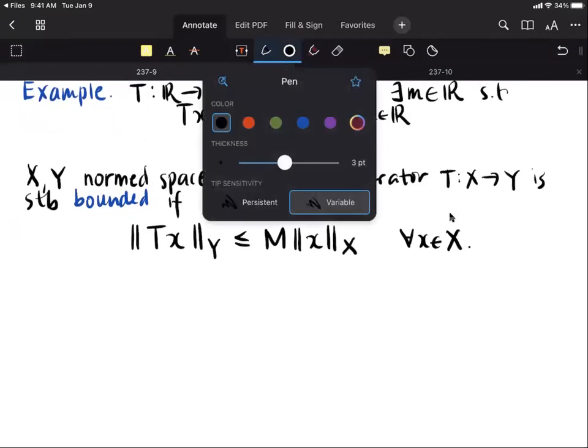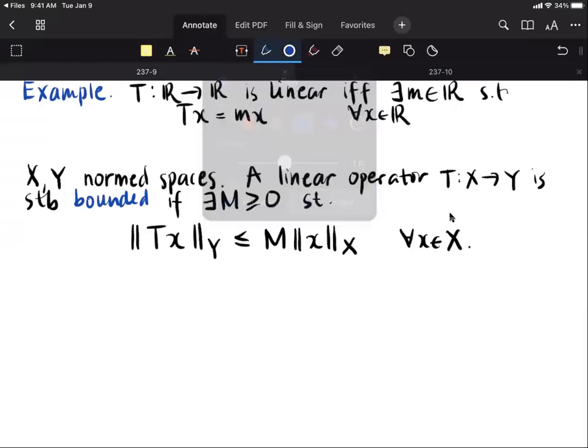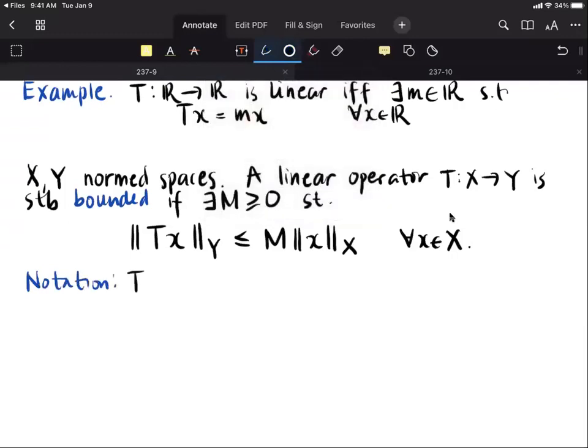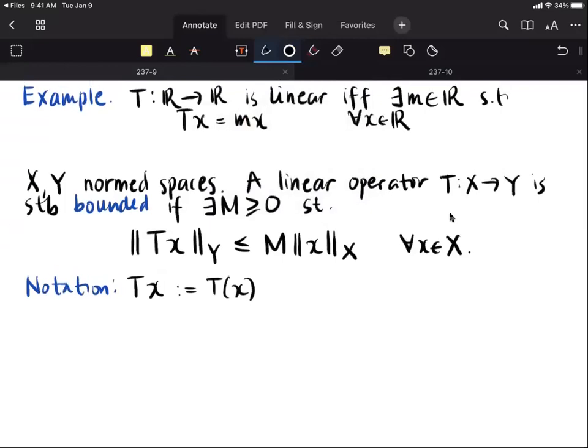So for linear operators, we will follow the notation without the parentheses. So Tx is the image of x under T. Here we ignore the parentheses to mimic the action of matrices in the case of finite dimensional linear operators.